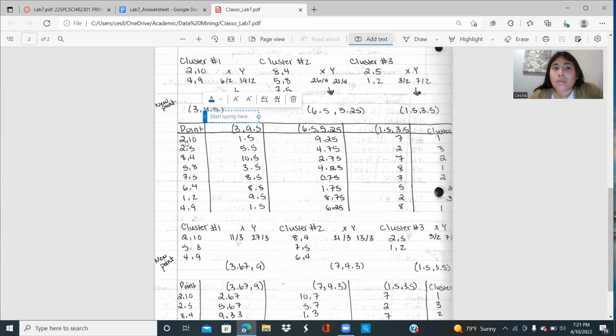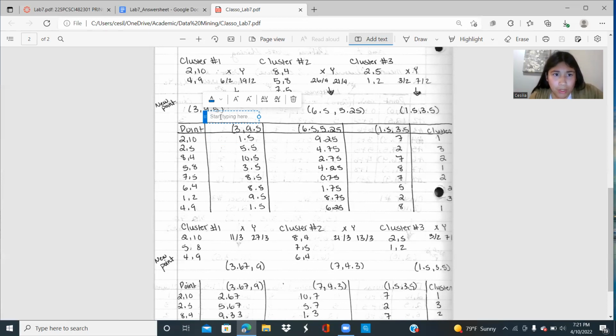The difference between 2,10 and 3,9.5: the difference between 2 and 3 is 1, so we're going to do 1 plus the difference between 9.5 and 10, which is just 0.5, which gives you 1.5. And then the following cluster, you do the same thing.